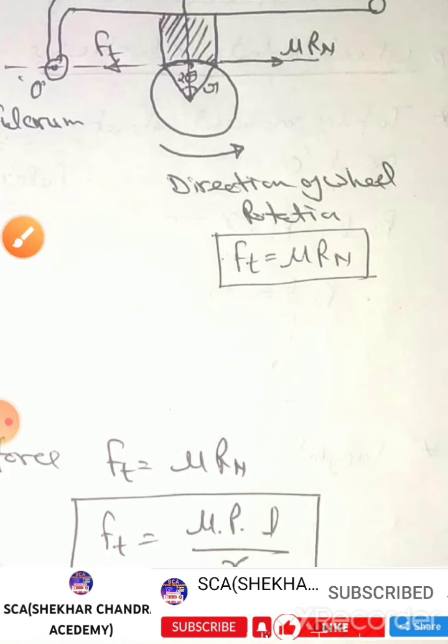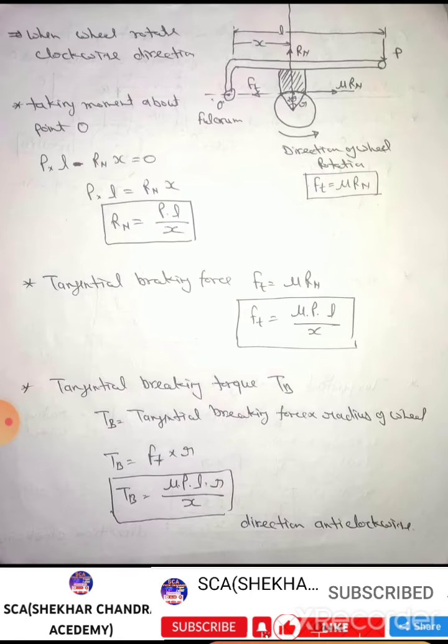Now in this case, taking moment about point O, the vertical force P into perpendicular length, P into L, is in clockwise direction about point O, and minus Rn, normal reaction, into x, is in anti-clockwise direction about point O. So P into L in clockwise direction, we assume positive sense, and Rn into x in anti-clockwise direction about point O, we assume negative sense, equals 0.